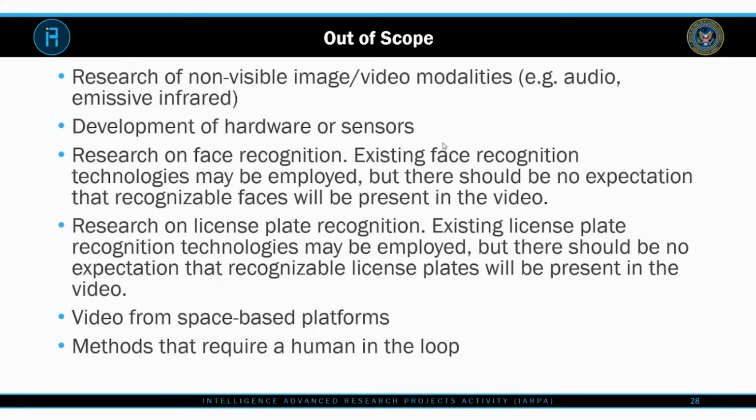Research on license plate recognition is out of scope. Existing license plate recognition technologies may be employed, but there should be no expectation that recognizable license plates will be present in the video. Video LINKS will not be considering video from space-based platforms, and also will not be looking at methods that require a human in the loop.